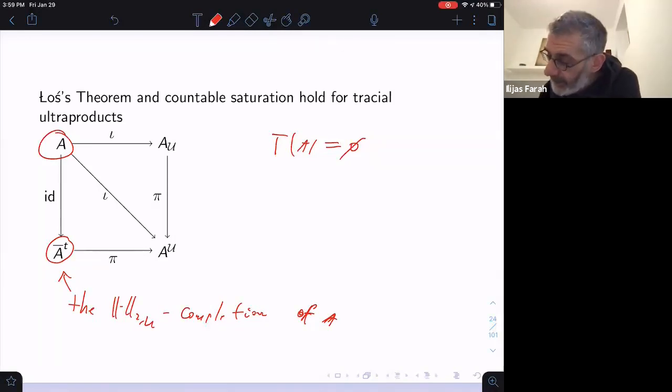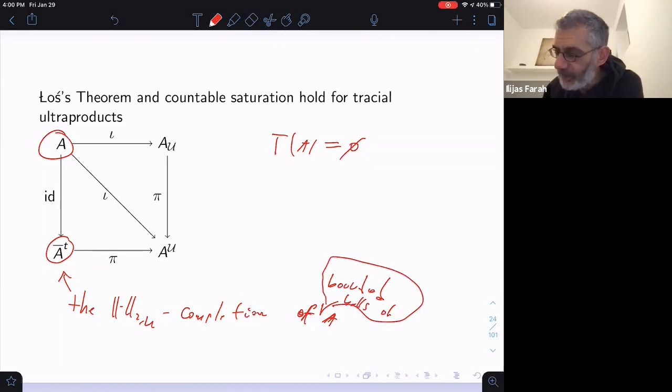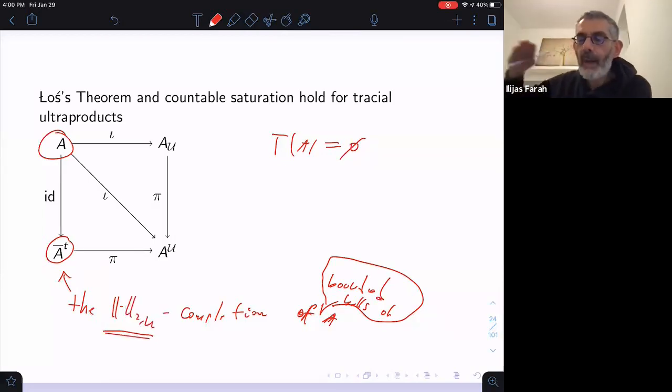And actually, I should be more precise here, of bounded balls of A. This is almost a trivia question. The tracial C*-algebras are not complete with respect to the tracial norm. Every norm-bounded ball is complete, but the entire algebra is not complete.